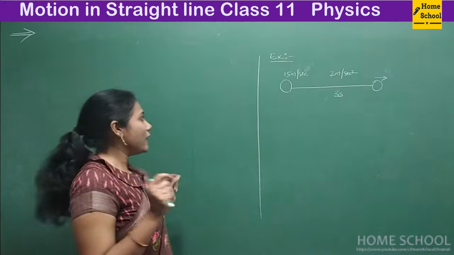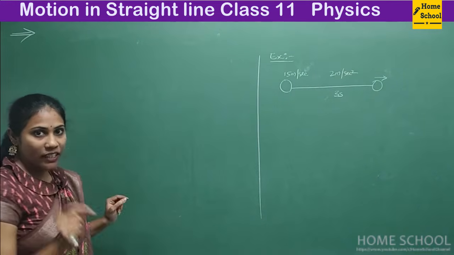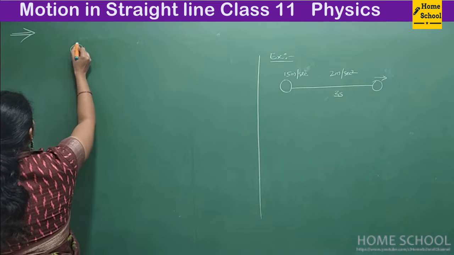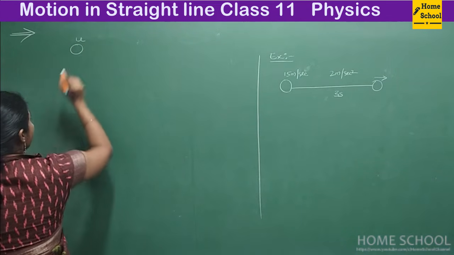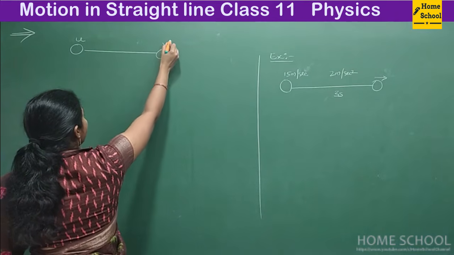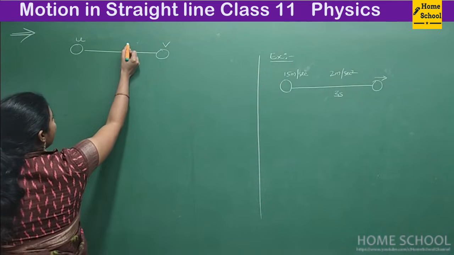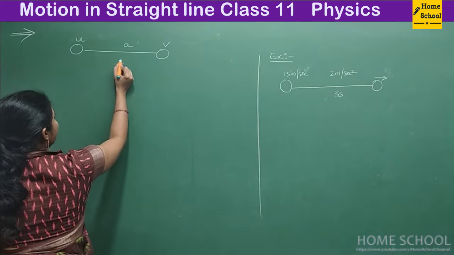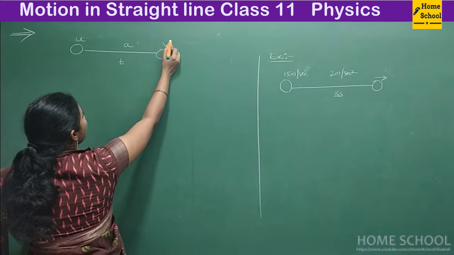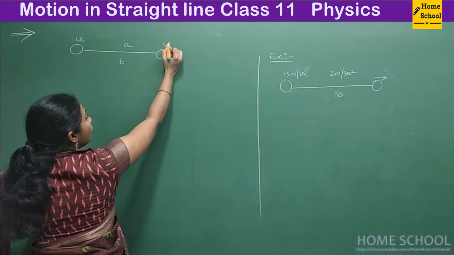See guys, observe carefully how I will derive a second equation for calculating displacement. You have an object which has an initial velocity u, and it reached here with final velocity v, and let a be the acceleration and t be the time. Here in case you don't know the final velocity, how do you calculate it?